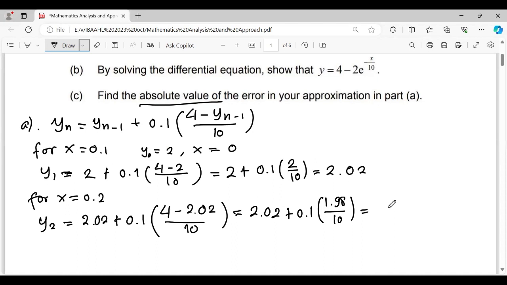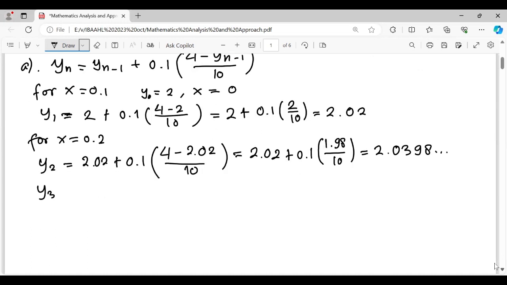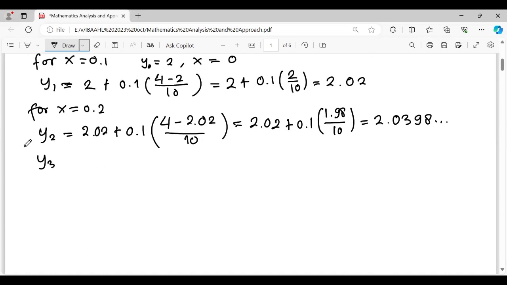And if you calculate, it will be 2.0398, and so on. Right. Now for x equals 0.3.